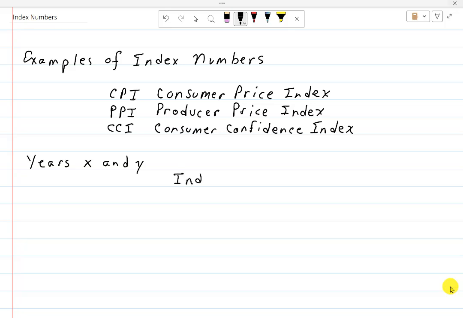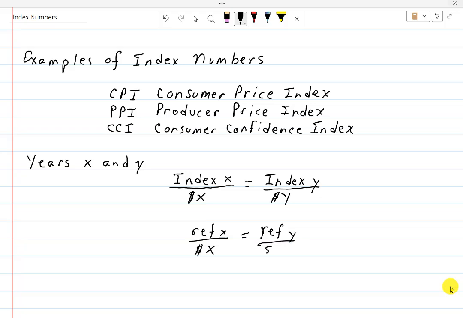We'll have whatever index number was that year divided by some sort of an amount for that year is going to equal some other index for Y over Y. And that price may be, I'm going to put dollar signs here, because those will be the dollars you pay in each of those individual years. Or another way we could do this, we could do the reference of X over X equals the reference of Y over Y.